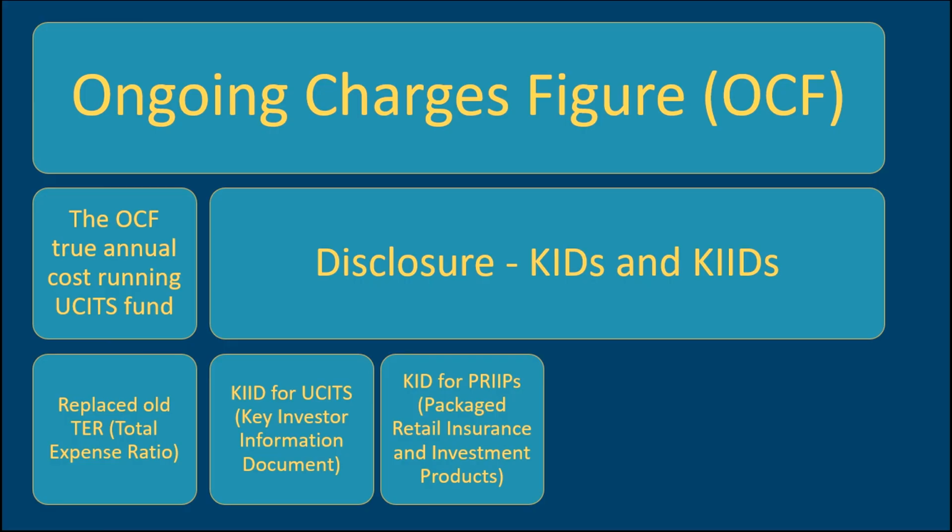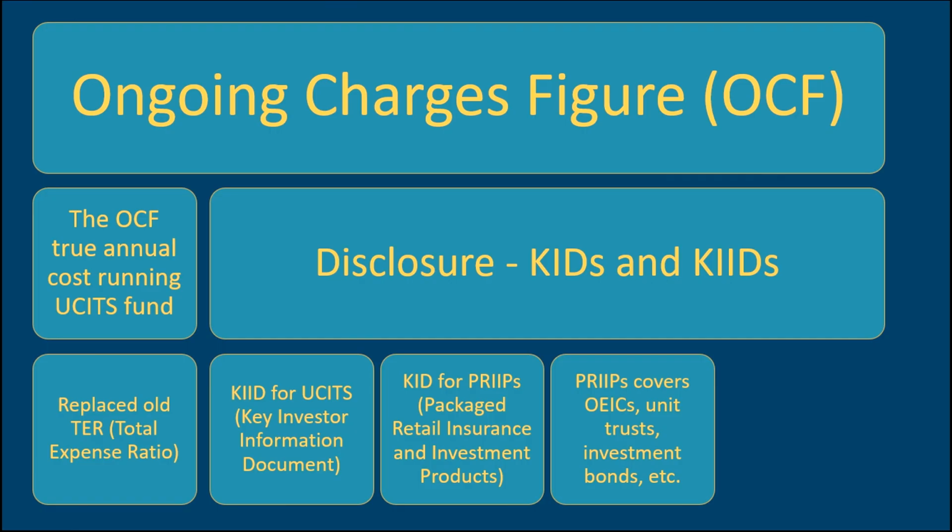That's what we get involved in as well. Now PRIPs covers OICs, unit trusts, investment trusts, bonds, etc. So that's our bag. Obviously, we put in funds of funds and platforms and multi-asset funds, etc. We might be into ETFs or whatever. The majority of the work we probably do is unit trusts and investment bonds, which we've talked about a lot as well. So that's where the PRIPs comes in, the KID.